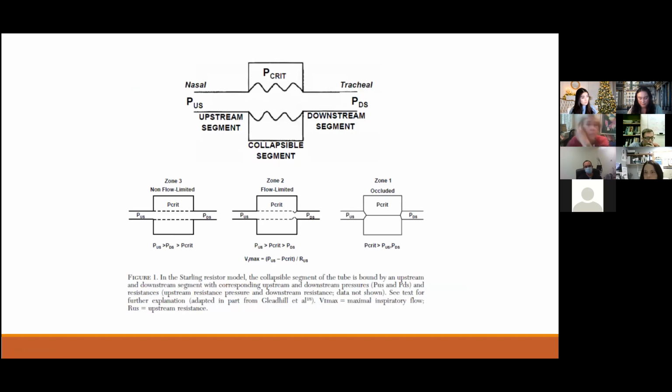And this is the Starling resistor model that was developed to describe what happens in obstructive sleep apnea. I don't think you guys really need to go through this whole thing. The punch point is P crit, or critical closing pressure, is the pressure where the airway closes completely during sleep. And we can actually measure this in the lab using a modified CPAP machine.